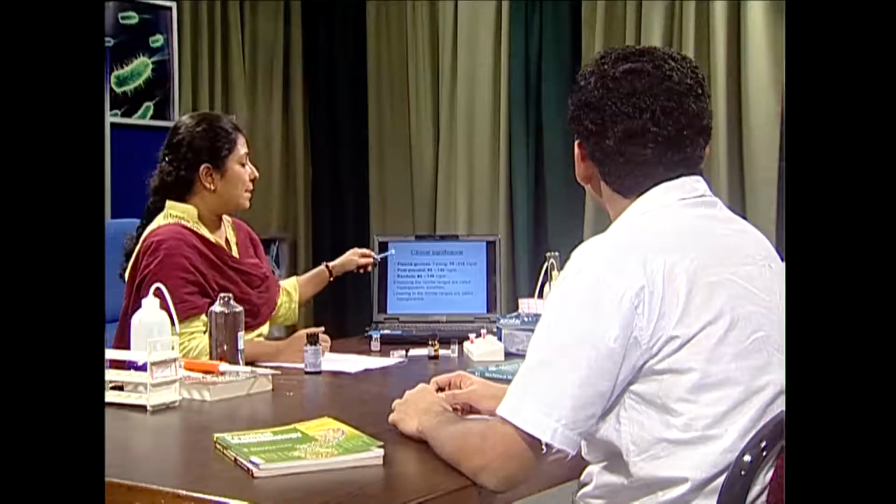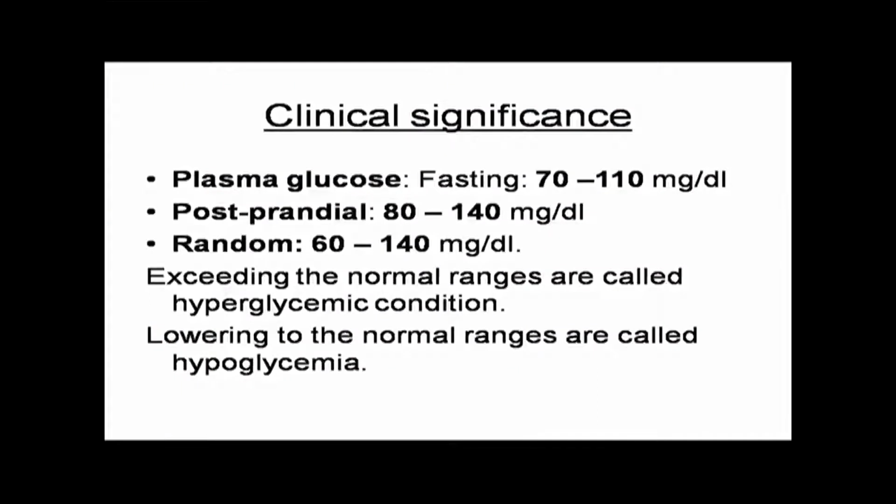After getting the data, we will compare them with the reference scale of plasma or blood glucose. At fasting condition, plasma or blood glucose lies within 70 to 110 milligram per deciliter. In postprandial, the level lies between 80 to 140 milligram per deciliter, and in random, it lies between 60 to 140 milligram per deciliter.